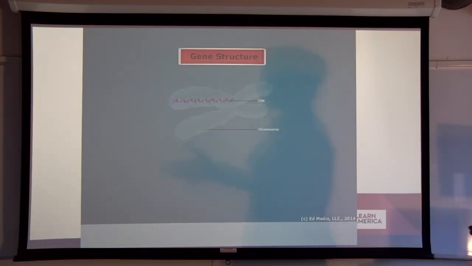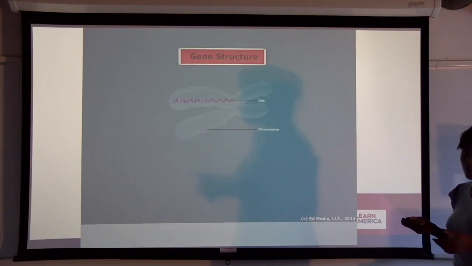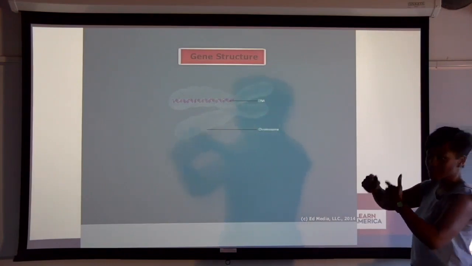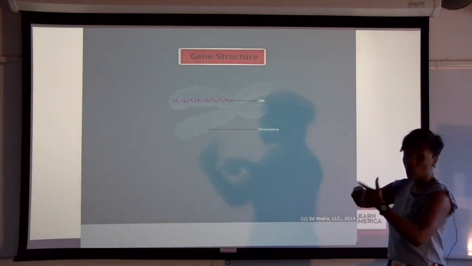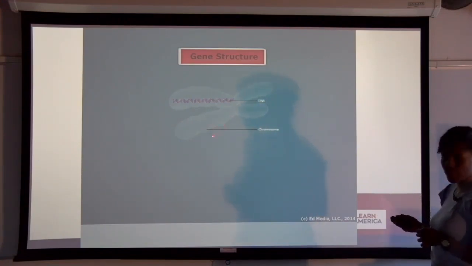When you're preparing for the state test, it's important to remember the structure of the chromosome, be able to identify it, and be able to identify what it's made up of. We're going to see that the chromosome is actually a coiled up DNA strand. It's the DNA strand coiled around protein, condensed into a chromosome strand.